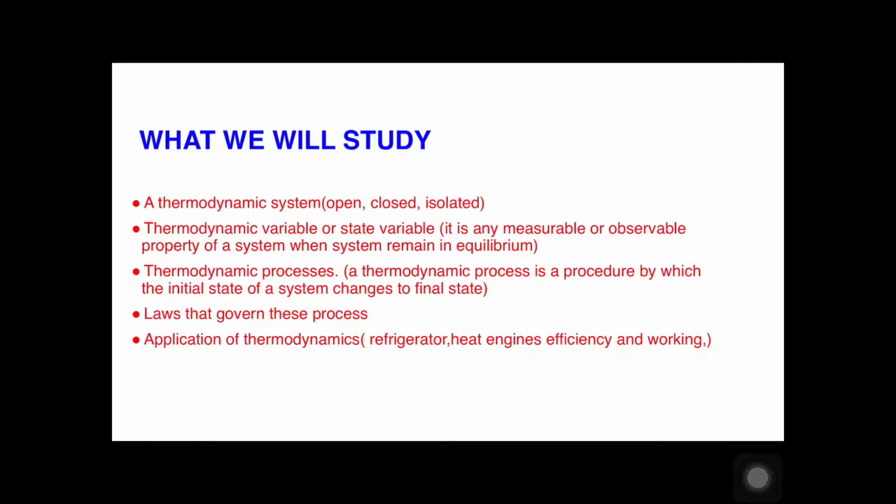This thermodynamic system will have some state in which it stays. Those will be represented by thermodynamic variables. Just like a point in a graph is represented by x, y, z coordinates, the state of the thermodynamic system will be represented by pressure, volume, and temperature.